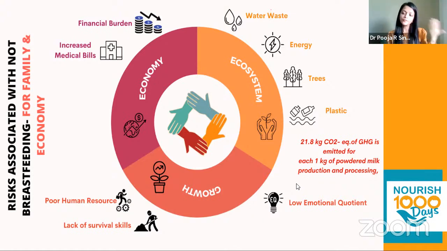In the process of making formula milk, I must tell you, since we are a group of educated women here, that to make 1 kg or 1 liter of formula milk, about 4,000 liters of water is used. Okay, so that is the amount of water that is used to make 1 liter. So imagine the impact on the ecosystem of using alternatives to breast milk.